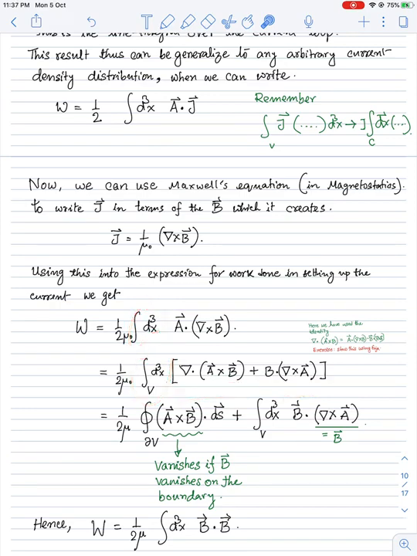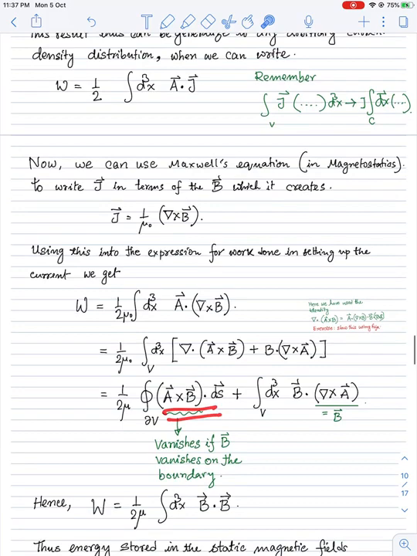So the volume integral of the divergence of A cross B can be converted into a surface integral of A cross B over the surface of the volume. Now, if these are localized current densities and you are integrating over the whole volume of full space, where the surface is like a sphere at infinity, then the fields vanish on the boundary.